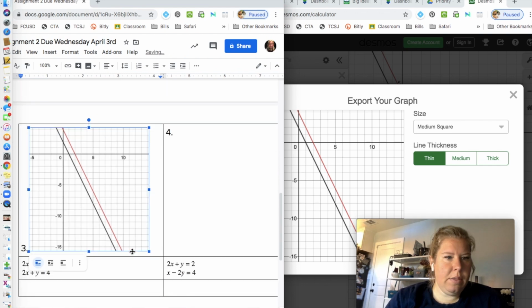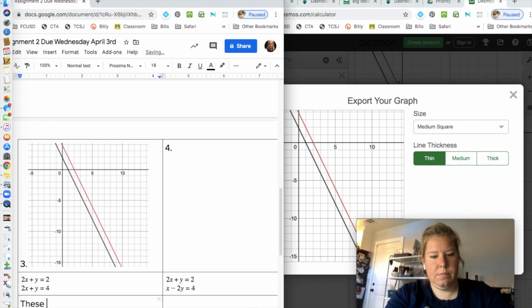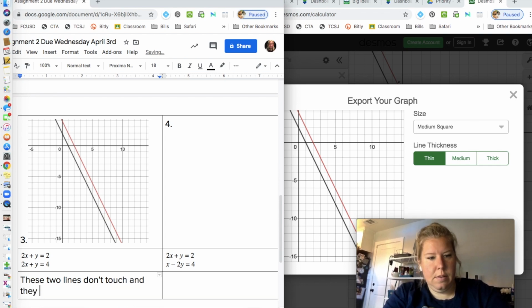What do we know about these two lines? Are they going to ever touch? They don't touch, right? And then they must be parallel.